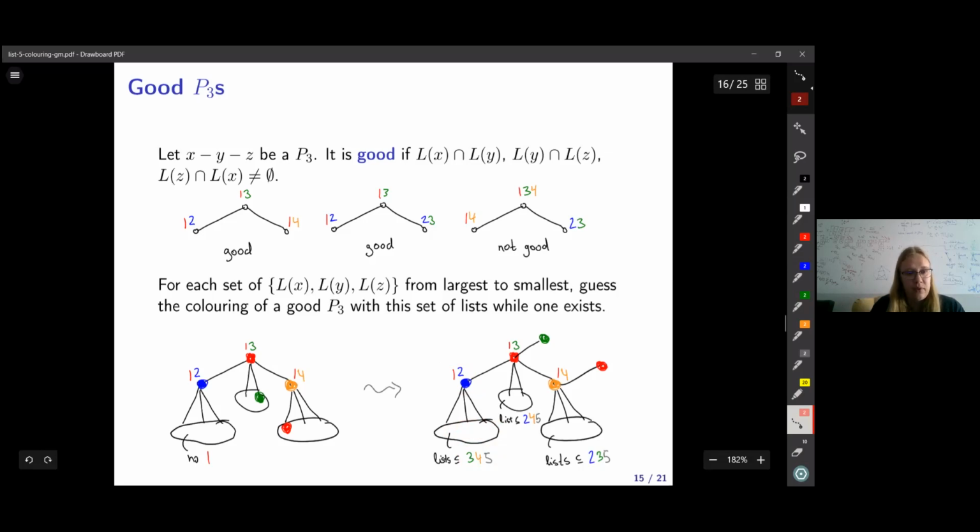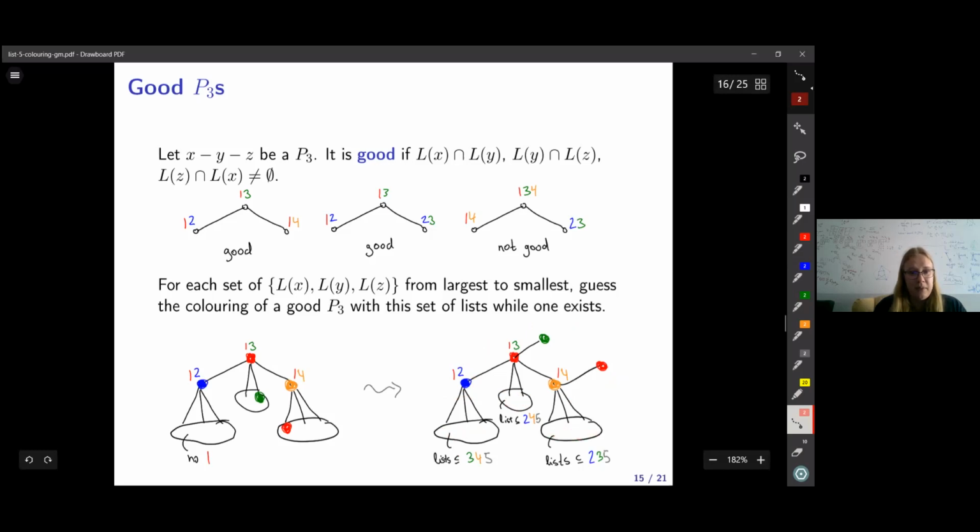Right, because it's frugal, we have very good control over neighbors that are colored from the list of a vertex, and so we will just guess all neighbors of 1, 2 that are colored 1 or 2, because I know there's at most one of each such color. So this is what I'm guessing, and this is what I'm updating.